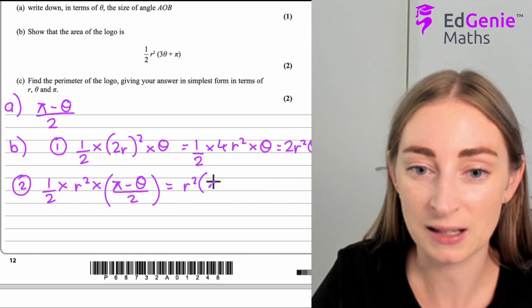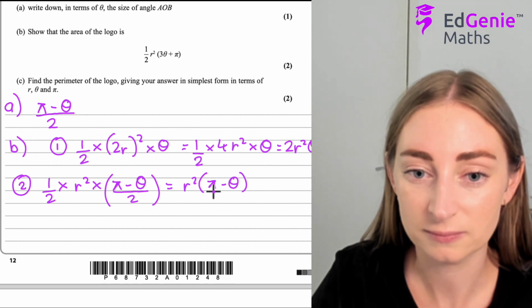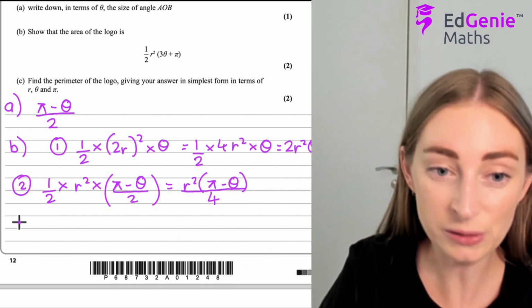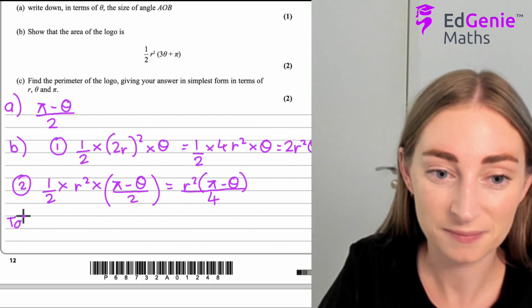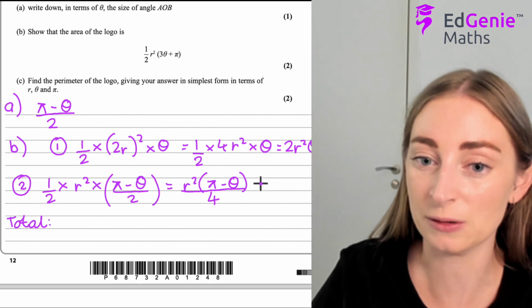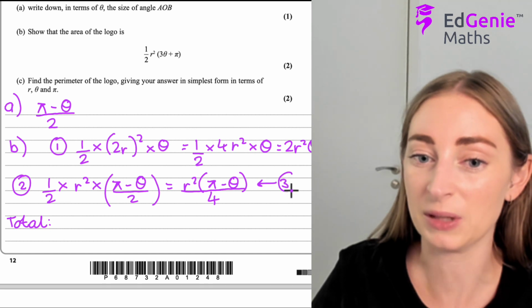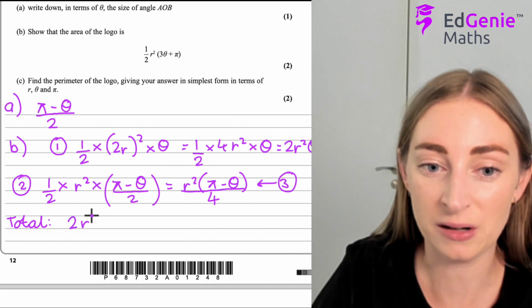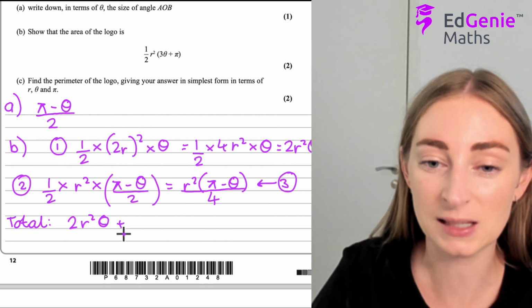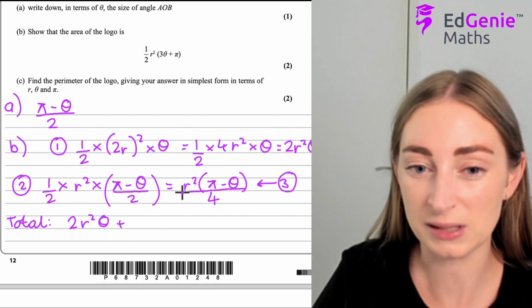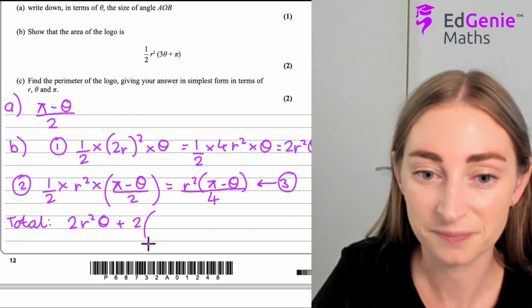So it's going to look like this. So our total area, remember 3 is going to be the same, so this is also going to be 3. So I'm going to add this one twice. I'm going to have 2 r squared theta plus, I'm not going to add it twice actually, I'm just going to times it by 2 because that's going to be a bit easier.